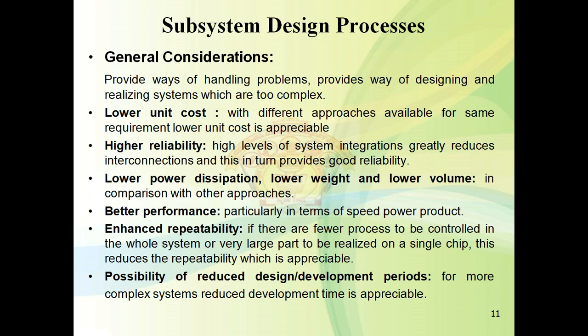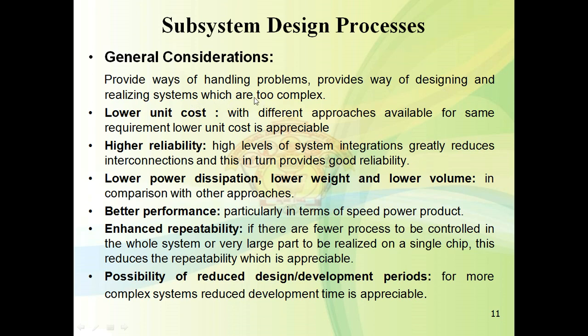What are the general considerations of the system? They are such that it should provide ways of handling problems, and provide ways of designing and realizing systems which are too complex.